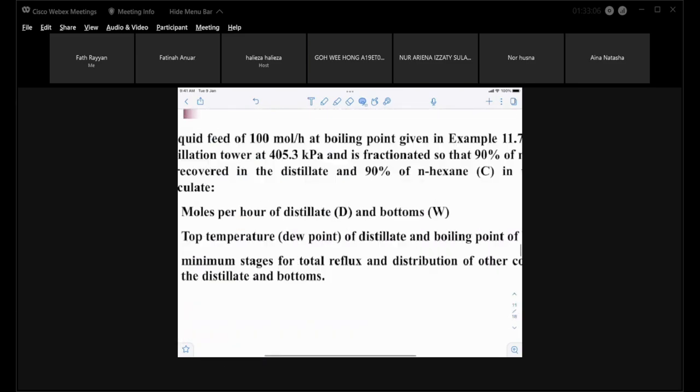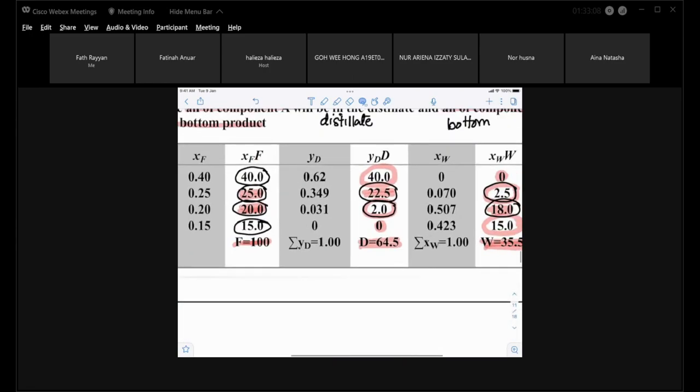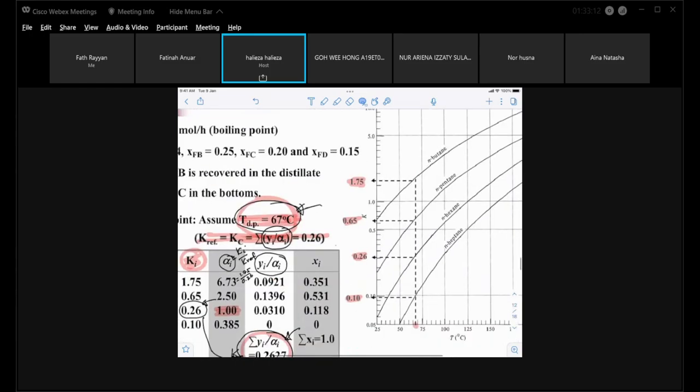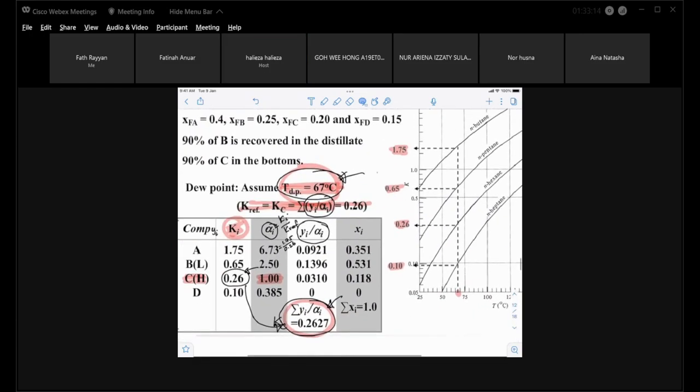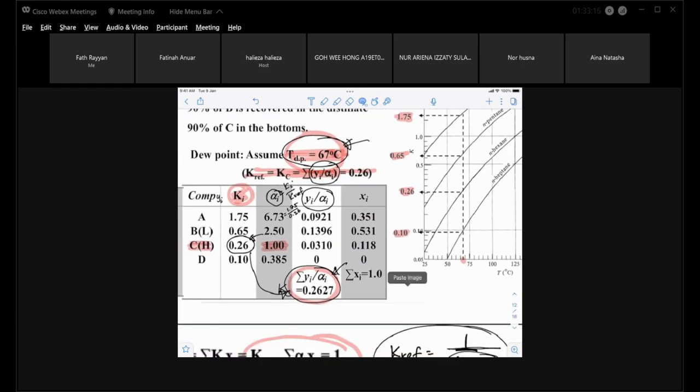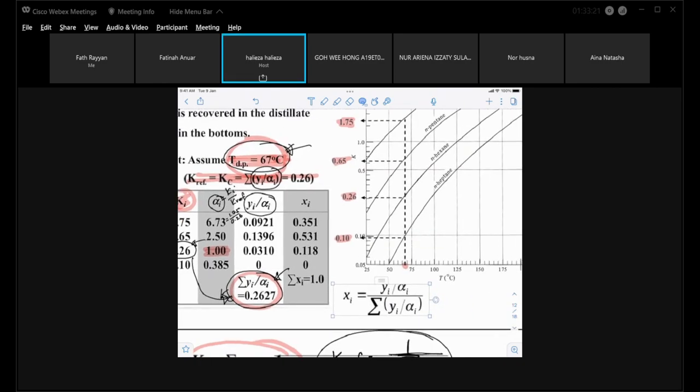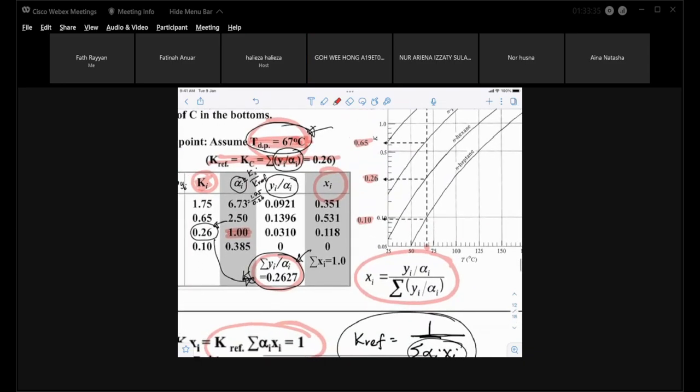If I copy it and bring it over to the example, there you go. How to get X? You use this equation. That X here is obtained using this equation. For every component, you will do the same. So you have that component X in equilibrium.